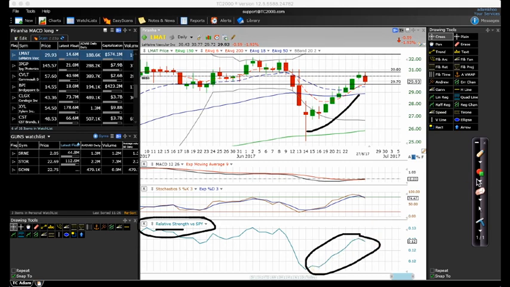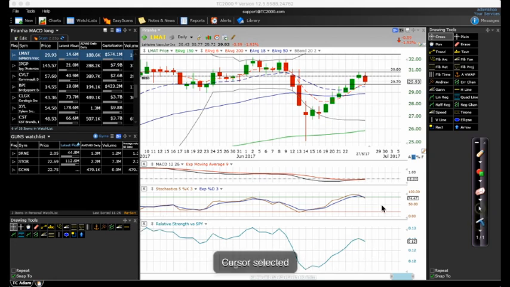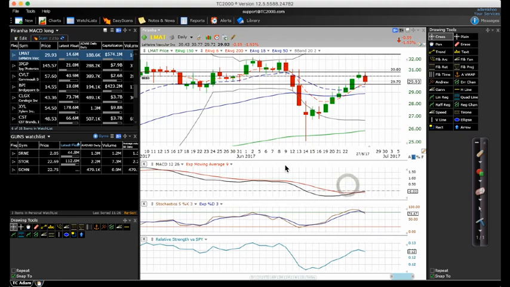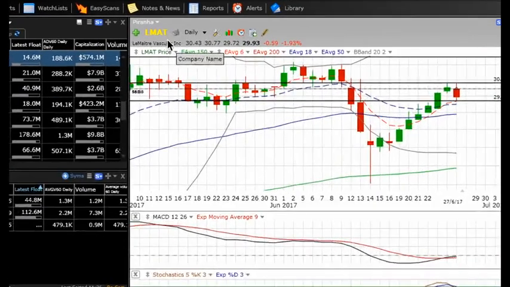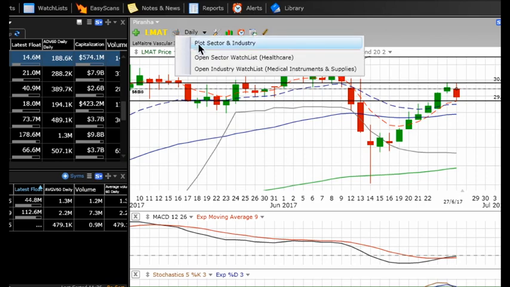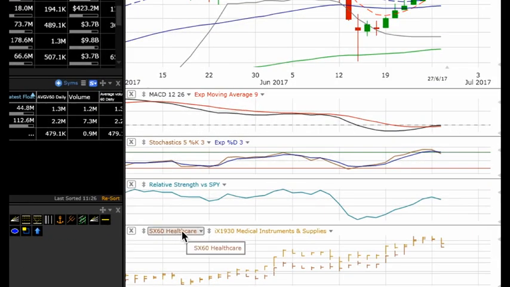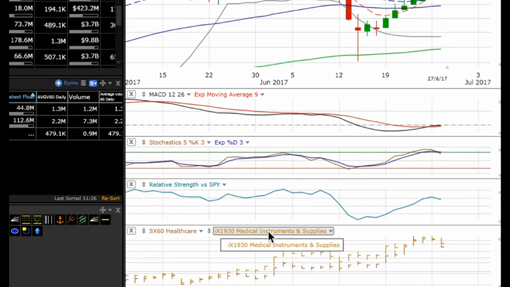All right. Next, I look at the sector and the industry. To do that, I'll click on this icon, industry information, plot sector and industry. So you can see that LMAT belongs to the healthcare sector and the medical instruments industry.